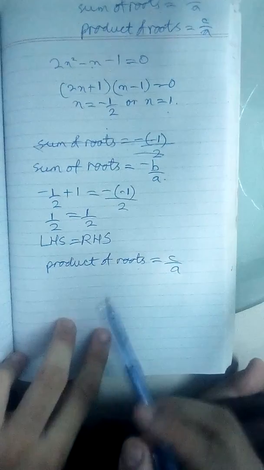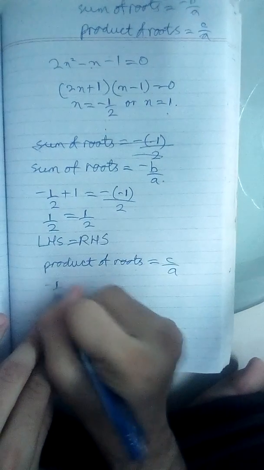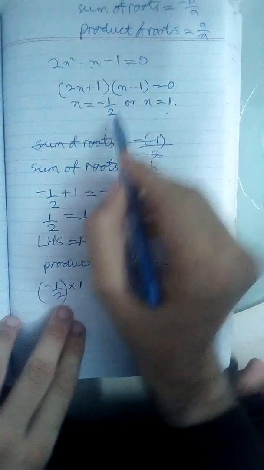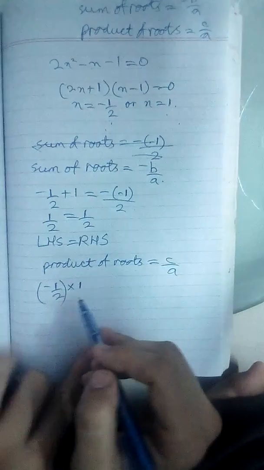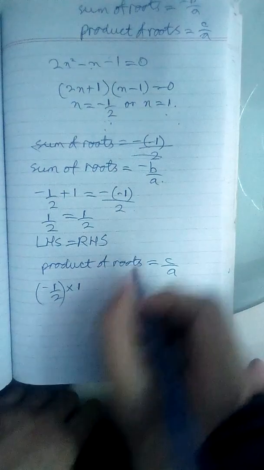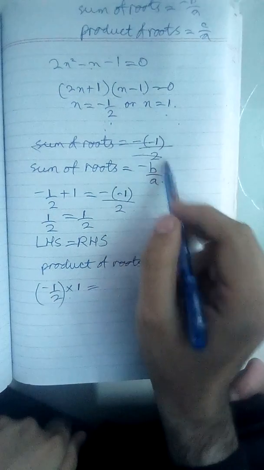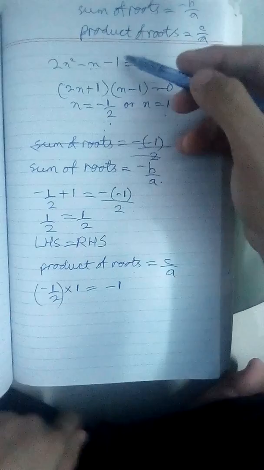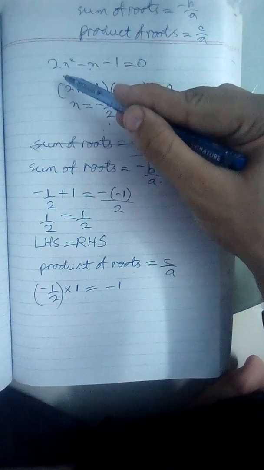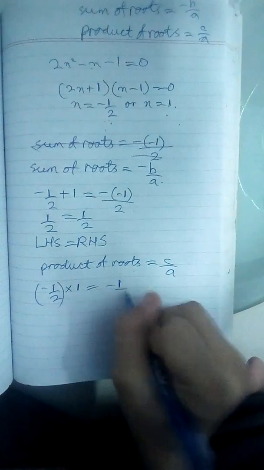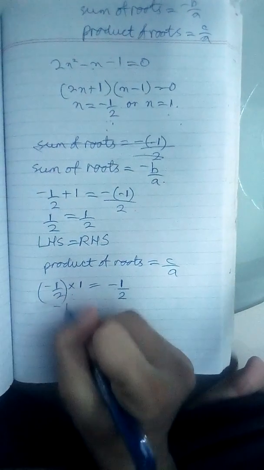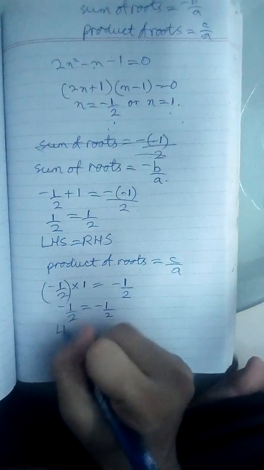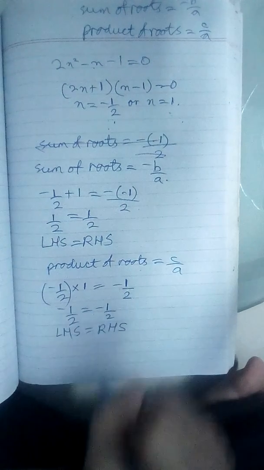Now regarding this equation, we have minus 1 over 2 into 1 on the left hand side, because we have these two roots, so we would take their product in the left hand side, and in the right hand side we would have c over a, which means c is equal to minus 1 and a is equal to 2. So we would have minus 1 over 2. Minus 1 over 2 is equal to minus 1 over 2. We again have the left hand side equals the right hand side.